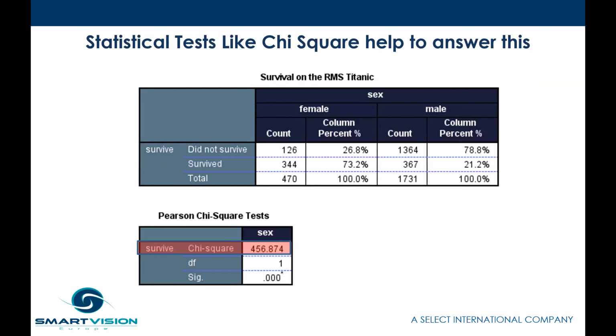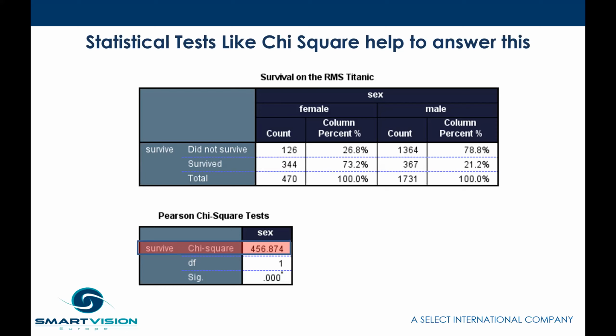So if we look at the chi-square values for survival on the Titanic by gender, we can see that 73% of females survived. Bearing in mind, of course, there's only 470 females on the Titanic, which is something that isn't always represented in the movies, etc. The overwhelming majority were male, 1,731. And of those 1,731 male passengers, only 21% survived.